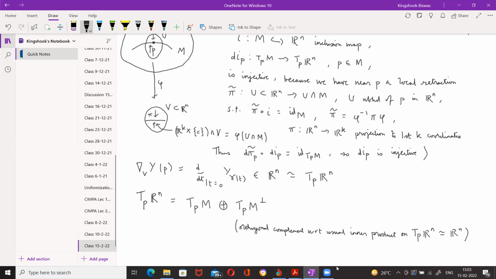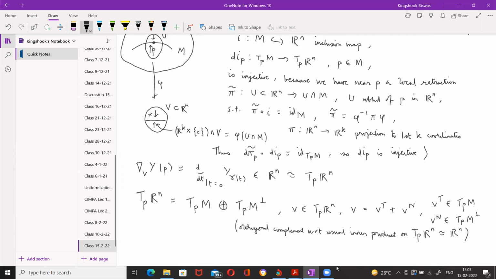Is this clear? Right? So any vector V in T_P R^n, I can write as a component inside T_P M, which I'll write V upper T for tangential, and a normal component, V upper N. So here V^T belongs to T_P M and V^N belongs to T_P M perp.